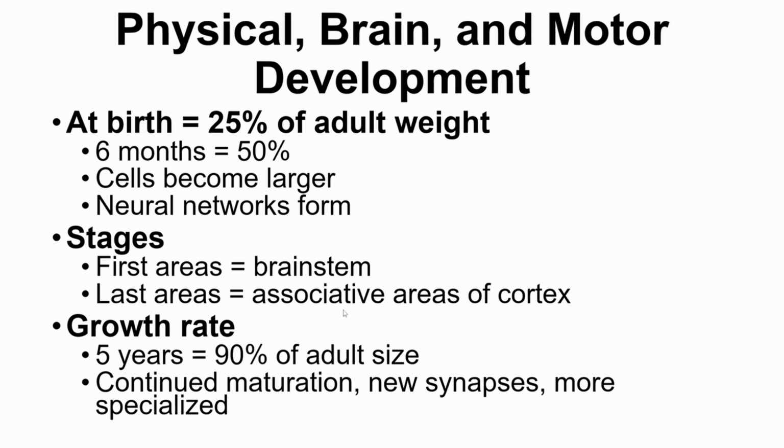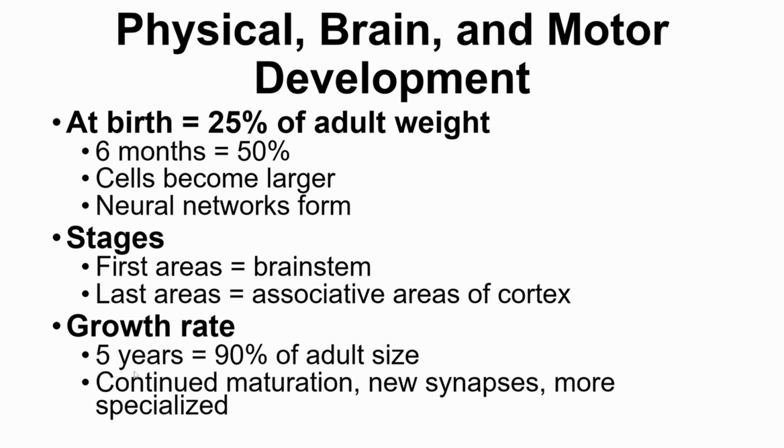Things like those association areas within our cortex, stuff that allows us to make connections, to pull information from multiple areas, things like that. So we start with biologically essential and progress towards those that are more useful but not necessary for survival.